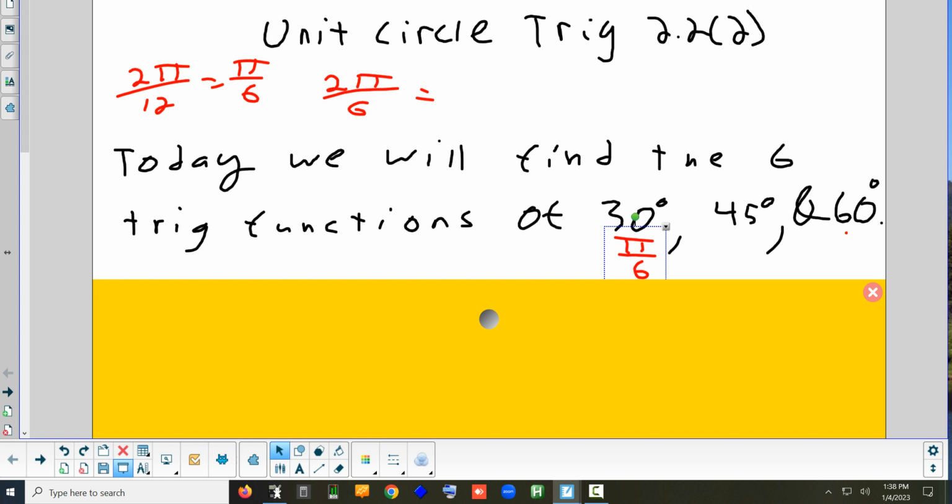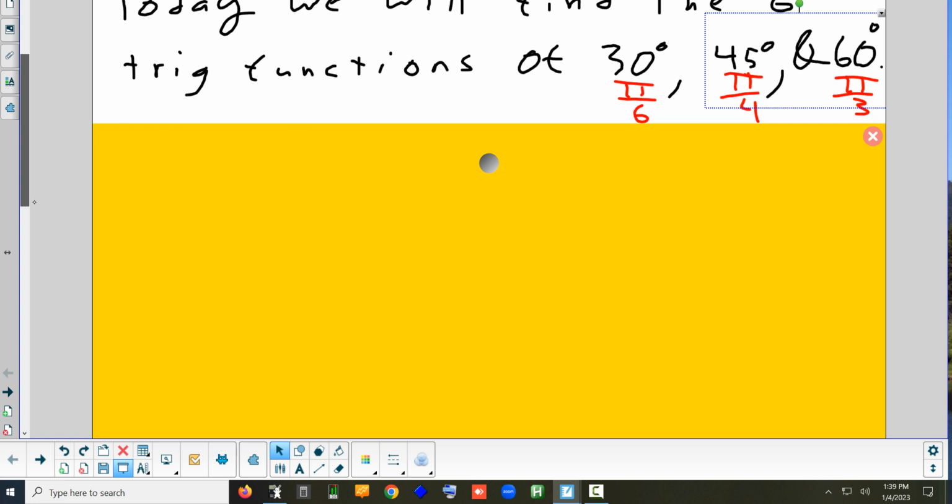So 60 is pi over 3. And 45 is pi over 4. So when we do some problems, you might see pi over 6, pi over 4, and pi over 3. You might see 30, 45, 60. Depends on the problem. But we're gonna start with the 45 degree angle. So we'll do that first, then we'll come back to 30 and 60.